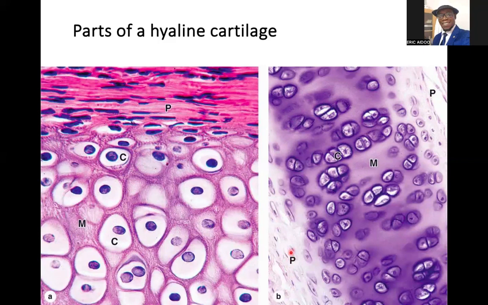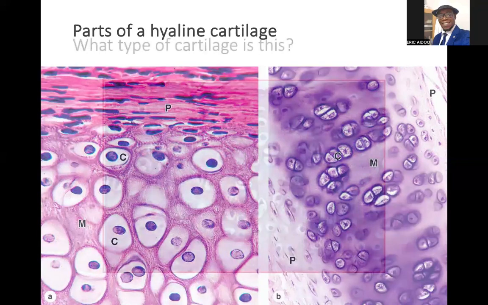So they will lay down the chondroblast by appositional growth, that is laying on top of the other. Then once they get to the middle portion and form chondrocyte, they undergo hypertrophy and then grow outwardly in the interstitium. So that is how the growth occurs, especially in a hyaline cartilage.